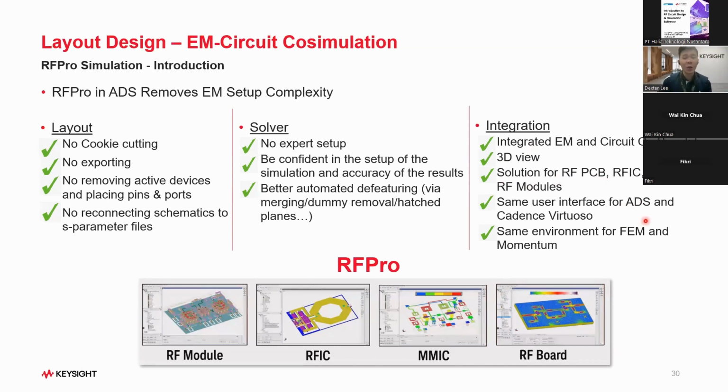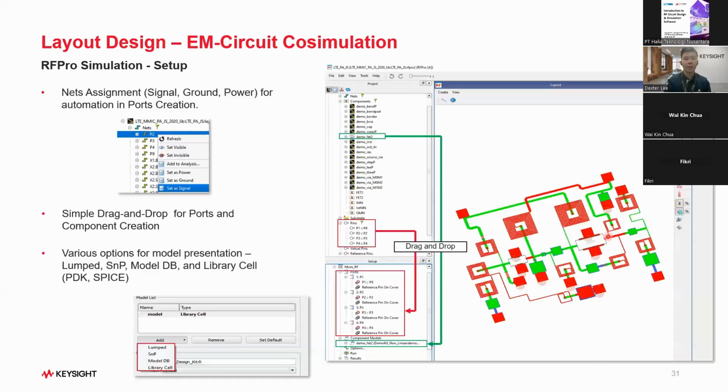We recently also collaborated with Synopsys on their Custom Compiler, so you can also use RF Pro in the Custom Compiler environment for your EM simulation. So do take note: not just in ADS, RF Pro is also available in Virtuoso and Custom Compiler. With that, for RF Pro, I want to show you the magic in a live demo.